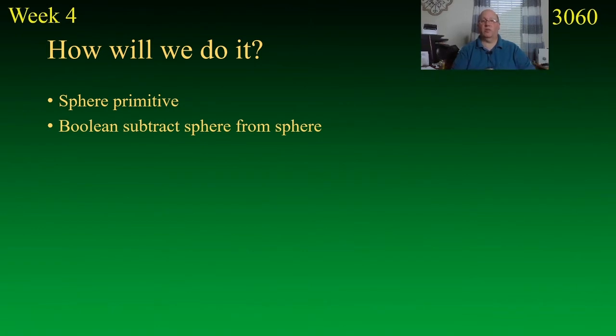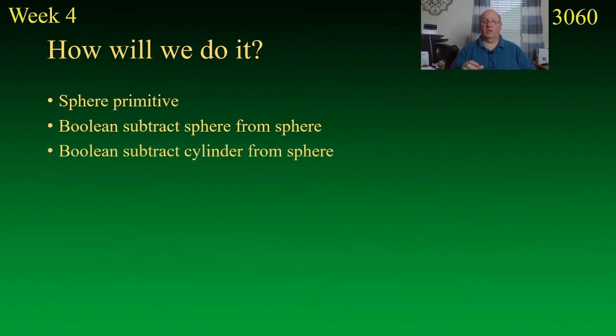So basically you're going to take a sphere, which the computer will assume to be completely solid, and then eat out the center of it. So it's a hollow sphere. Now at that point, from the outside, it isn't going to look any different. But then we're going to take a cylinder and use that to subtract from the sphere surface to create the holes in the sphere.